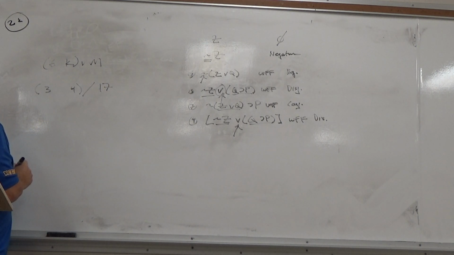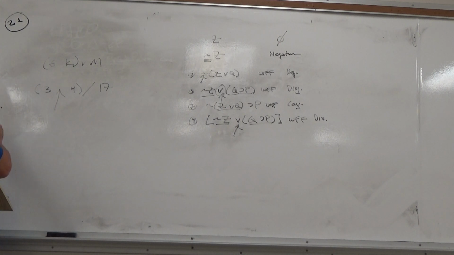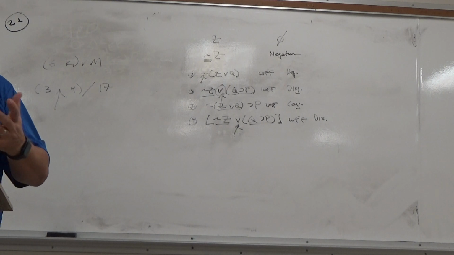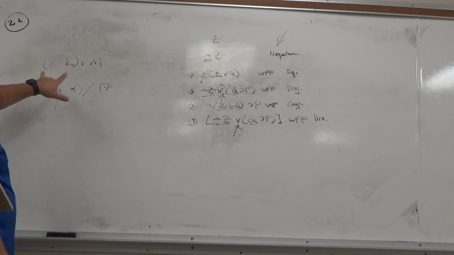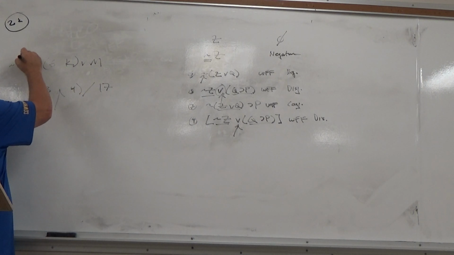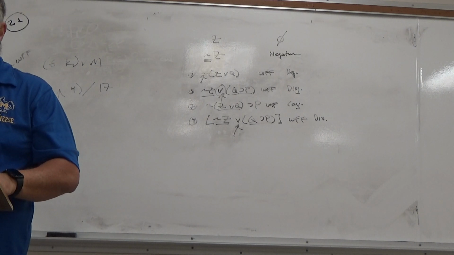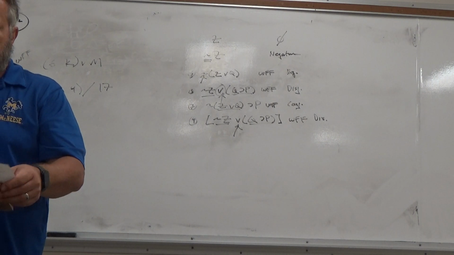Well, we'd say, I don't know what you want me to do, because I need to know what you want me to do with the 3 and the 4. Does everybody understand that? It's missing an operator in the same way this one is missing an operator. So it's not a well-formed formula, and therefore there is no main logical operator. That was 17. That takes me to 19.